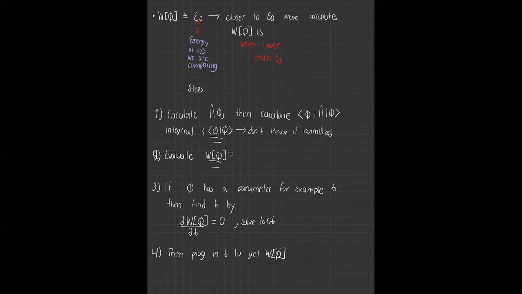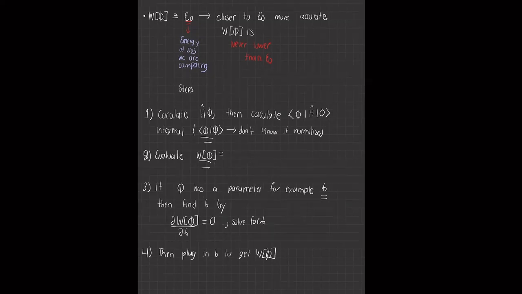And after doing that, if there is a parameter like b, we solve the integral normally, and then we put it in terms of that parameter, for example b, and then we solve for 0. And by minimizing it, we're getting it close to that energy. And then after solving for b, we plug it into the original equation.